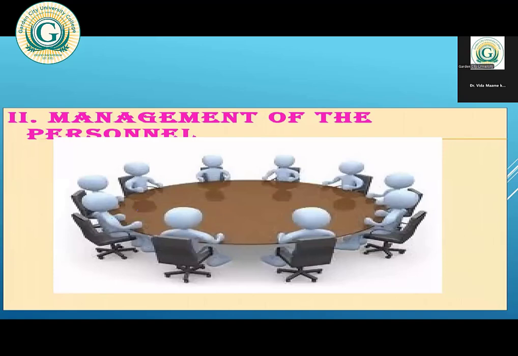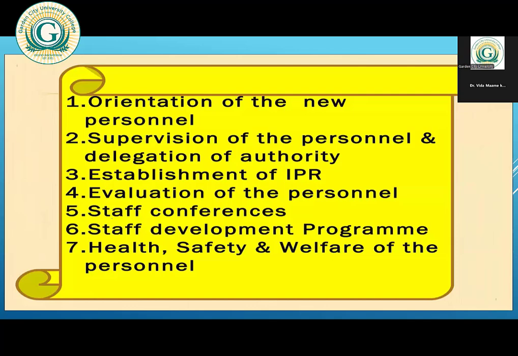We have orientation of the new personnel, because oftentimes we employ nurses, doctors, or other staff. When they are employed, we need to orientate the new personnel. Then supervision of the personnel and delegation of authority, establishment of in-service training, evaluation of the personnel, staff conferences, staff development programs, and health, safety, and welfare of the personnel.